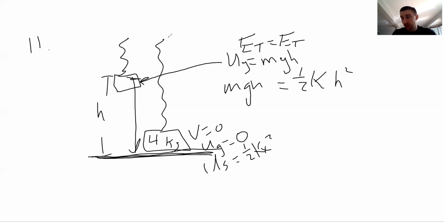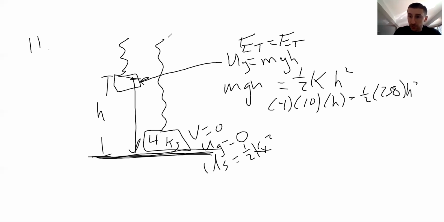All right, so what I can do here is plug in and solve. I know my mass is 4, my g is 10, my height I don't know. 1/2 k is, what was it, 250 over 2, which is 125, times h squared. So I go ahead and solve that. 40h equals 125 h squared. I divide over here and get rid of an h.